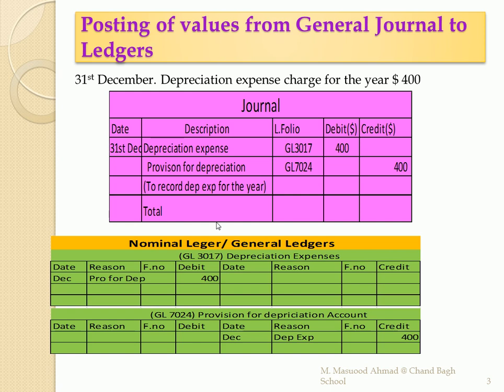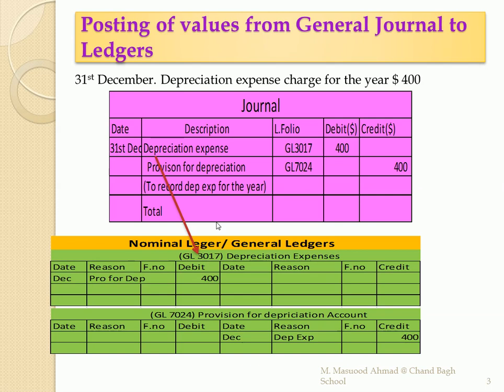You can see that nominal ledgers are there. There are two ledgers: one is your depreciation expense ledger and the other is your provision for depreciation ledger. In our journal, the name of the account which we will debit is written at the first place.